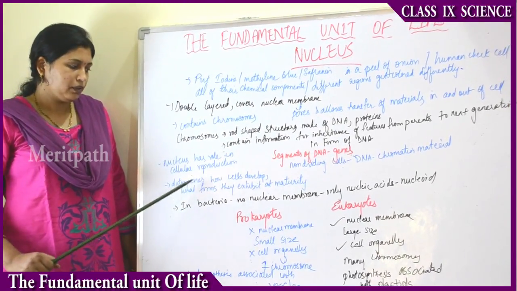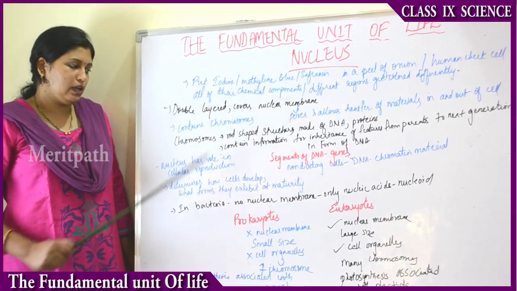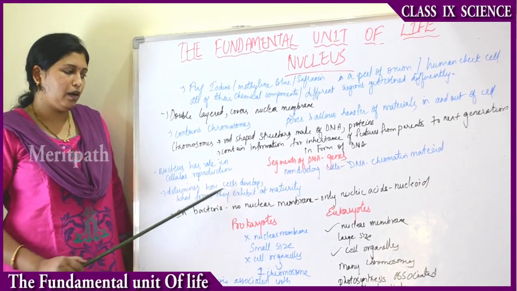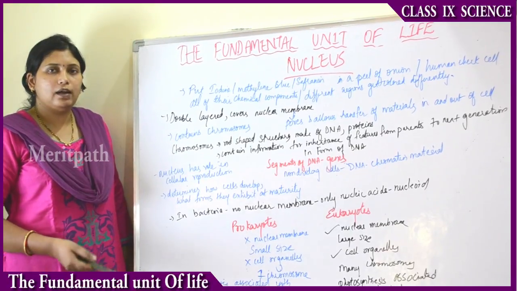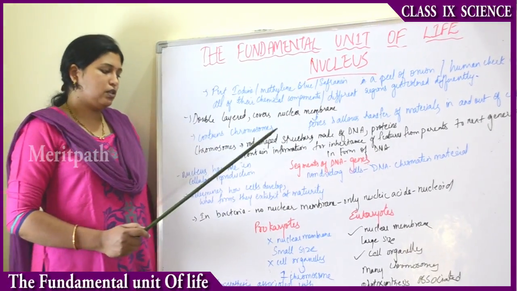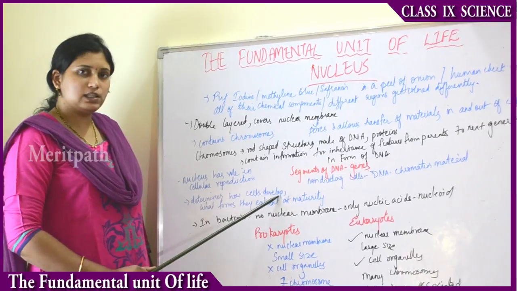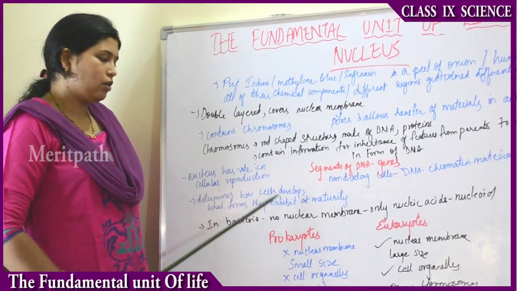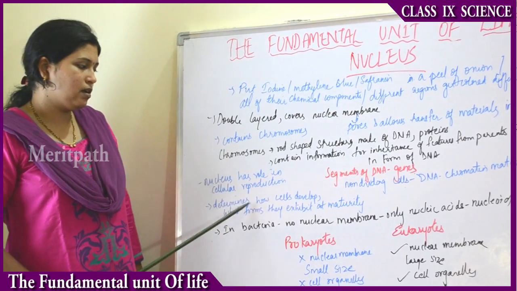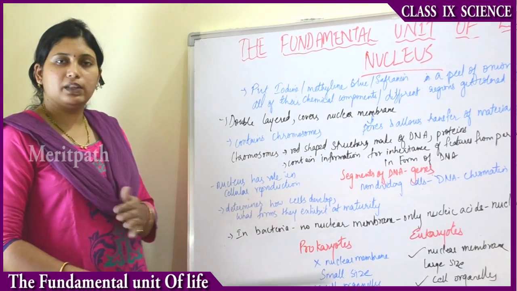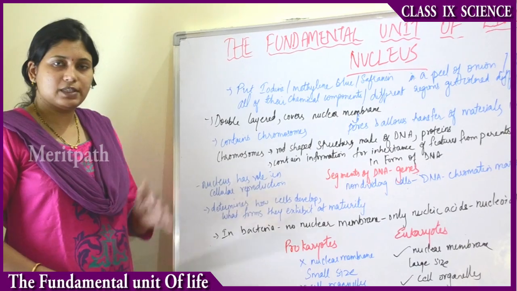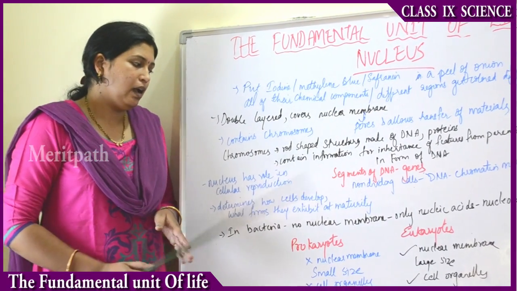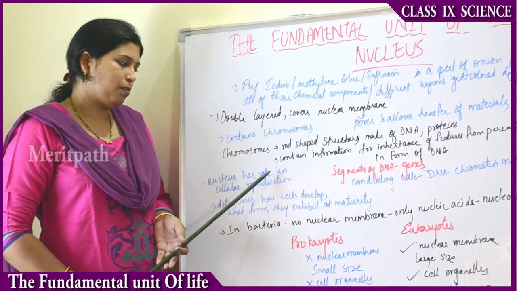The nucleus determines how cells develop, in what way they will develop, and what forms they exhibit at maturity, how they look at the time of maturity, and it is responsible for cellular reproduction.